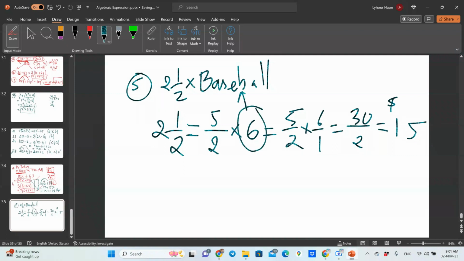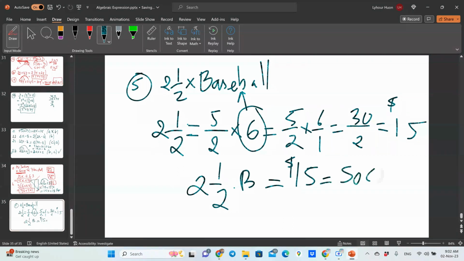So now two and a half times the baseball equals the soccer ball, $15. Yes. So I agree with Wendy. Wendy is correct.